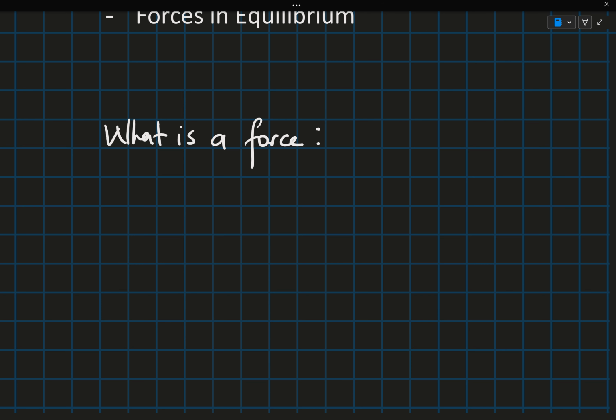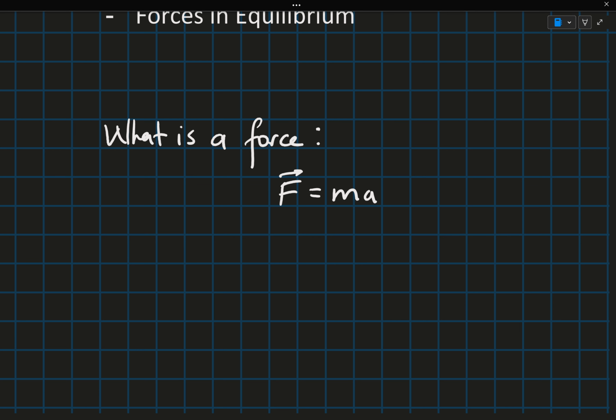The force acting on an object is some causative agent, some external thing that causes a body of mass m to change its velocity, its acceleration. So F is equal to ma.